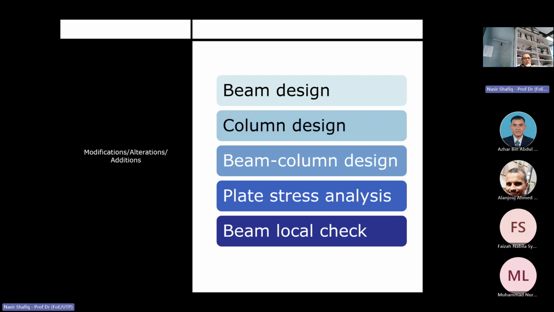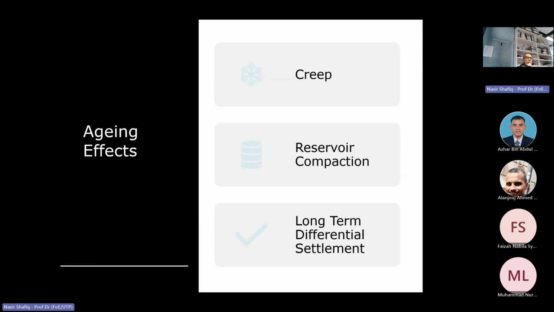By doing so, we can add to the aging effects like several material creeping, the creep, reservoir compaction, like the well integrity, long-term differential settlement, like for the plant structure, or the tank foundation, the storage tank. So the ground settlement will cause the aging effects and reduce the integrity.